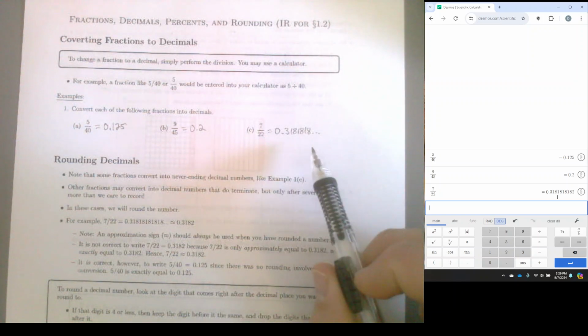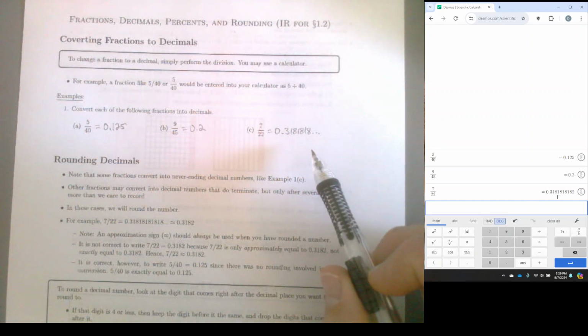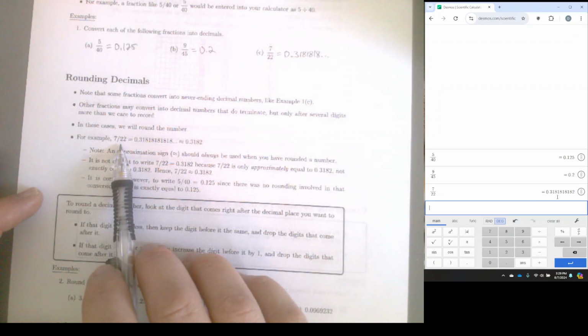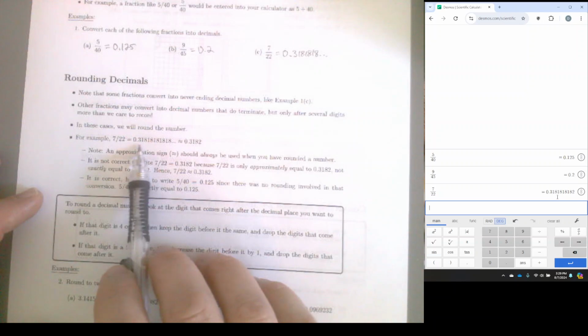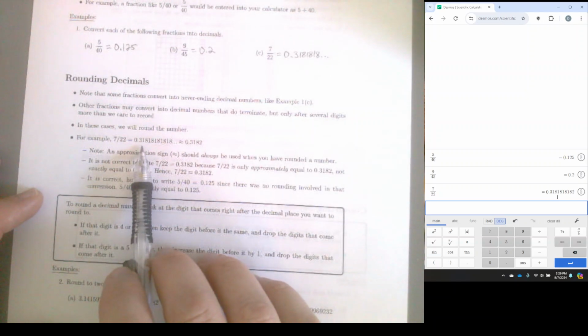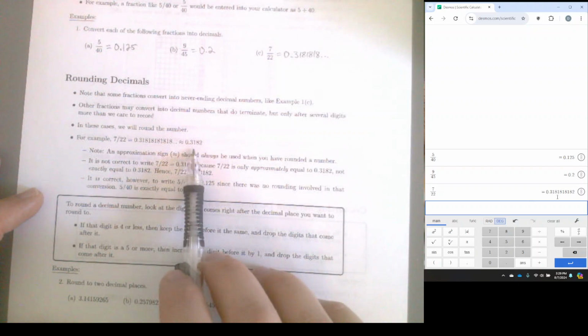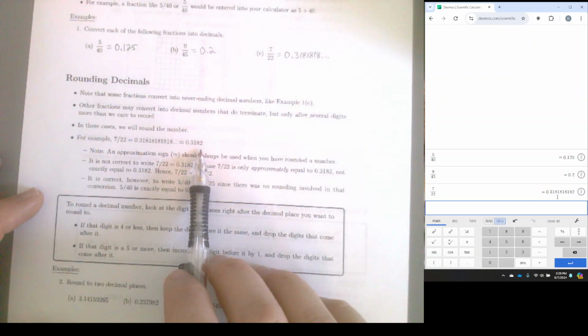But that last example brings up an important point about rounding. Let's say that you have a really long decimal number and you only want to display 3 or 4 digits or something. In a case like that, we would have to round. So for 7/22, if we wanted to round to, let's say, 4 decimal places, we would say 7/22 equals 0.3181818 on and on forever, and that's approximately equal to 0.3182.